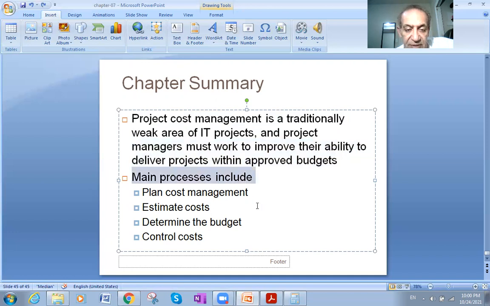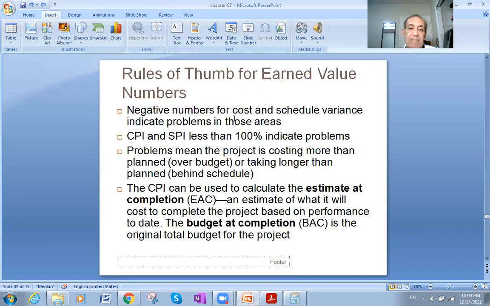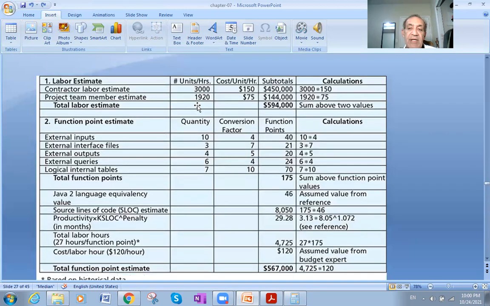The main processes include planning cost management, estimating costs, determining the budget, and controlling costs. So this was the lecture today about cost control and using the EMV method for cost control.